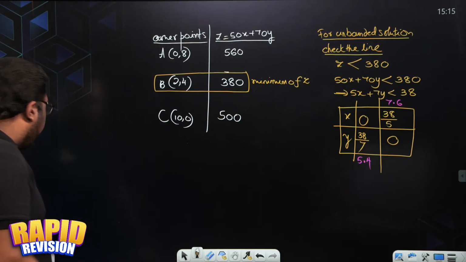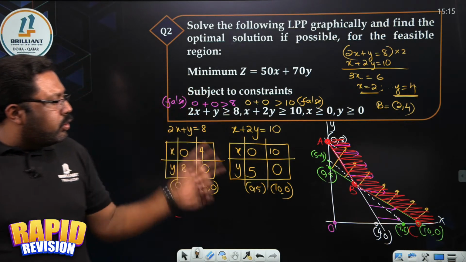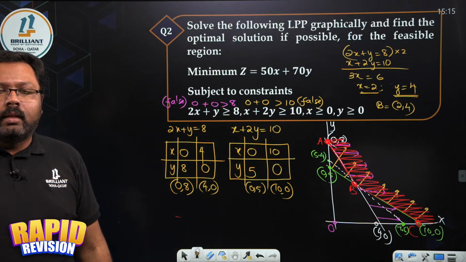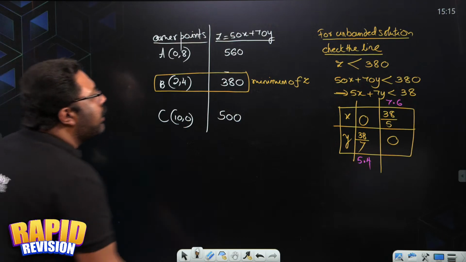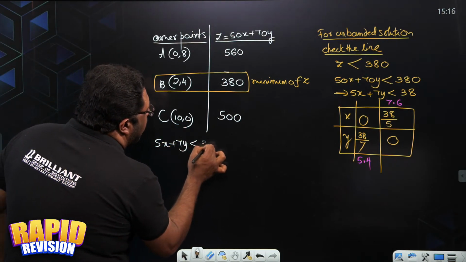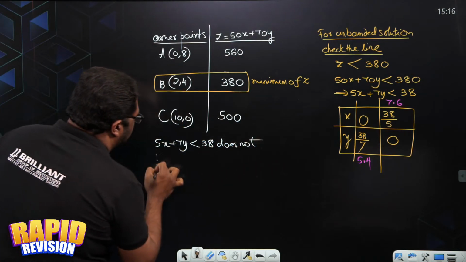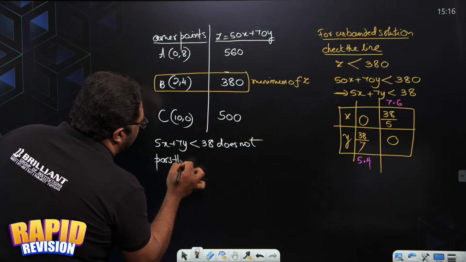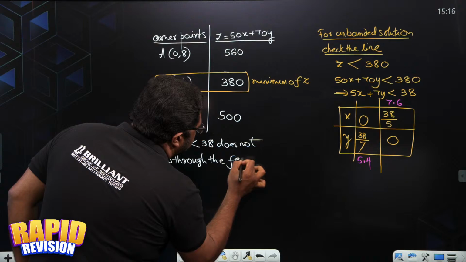You can see that this particular line does not pass through the feasible region. So 5x plus 7y less than 38 does not pass through the feasible region.